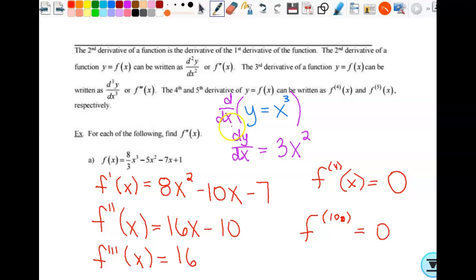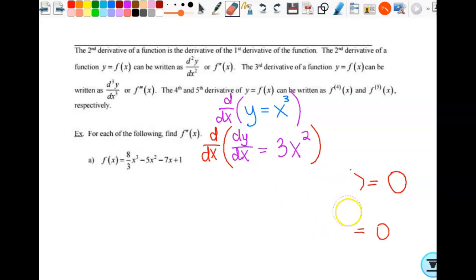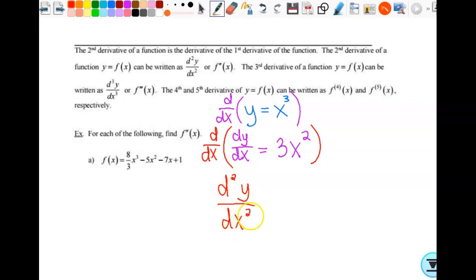And then, if I want to take a second derivative, I am taking a second derivative of this entire equation. To make some room here. All right, so the notation, we do d squared y over dx squared. And those are not exponents. This doesn't mean d squared y over dx squared.